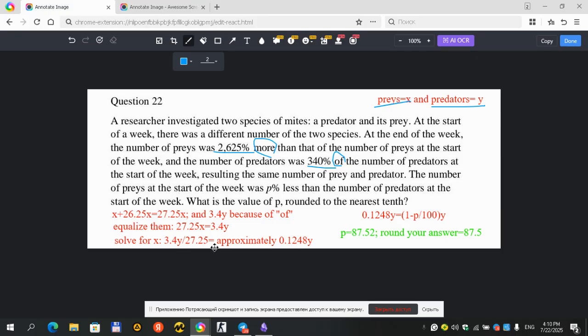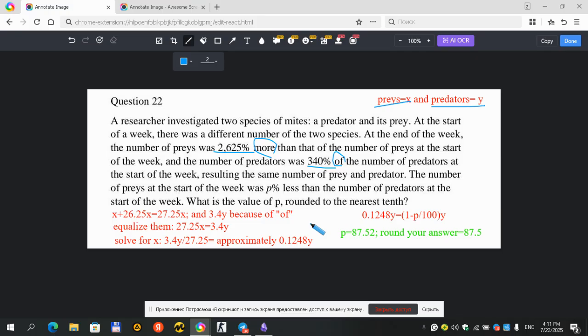It's approximately 0.1248y. So after we find the relation between the numbers of prey and predators, it says that x equals 0.1248 times the number of predators, which means the number of prey at the start was less than the number of predators.